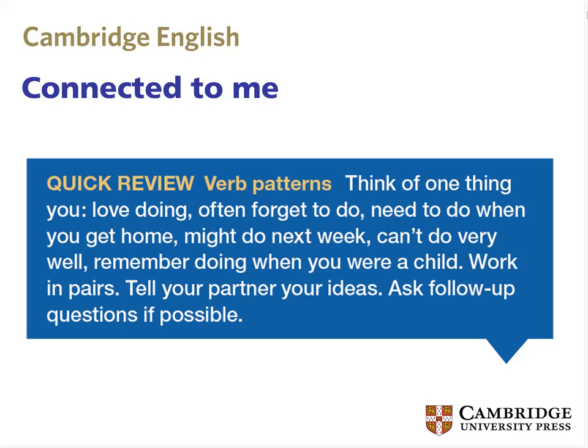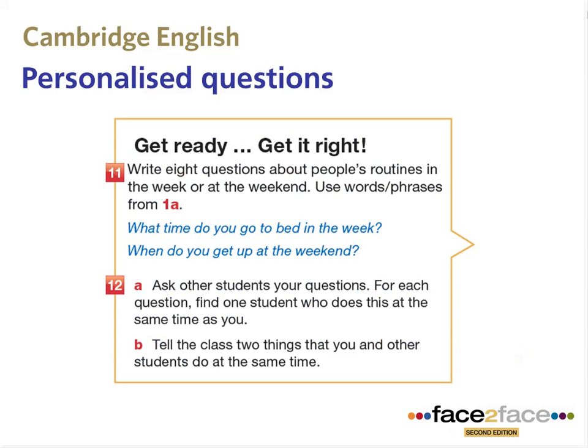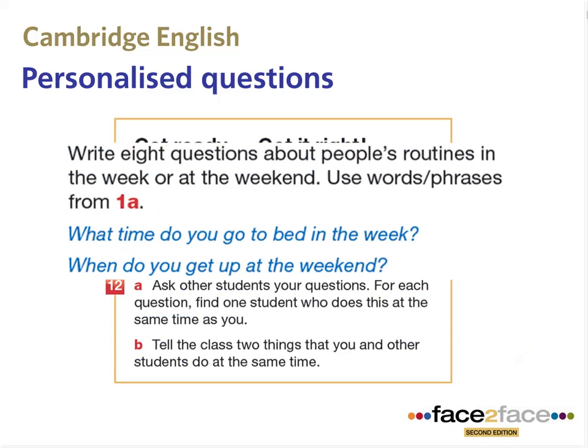As I say, in face-to-face, this is done for you in the book, but you can adapt this to any other type of vocabulary. And the next one is something I use all the time. If you don't use it, it's one of the best things to have up your sleeve. Personalized questions, as we've seen, are a very good way to practice vocabulary. So this is a final speaking activity where we ask students to write questions about people's routines.